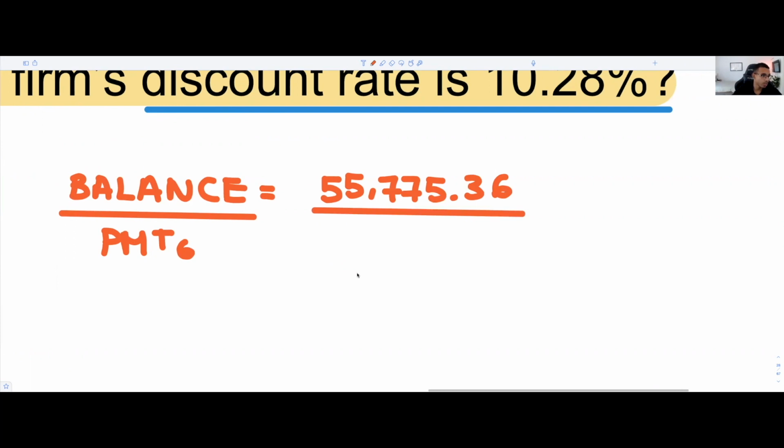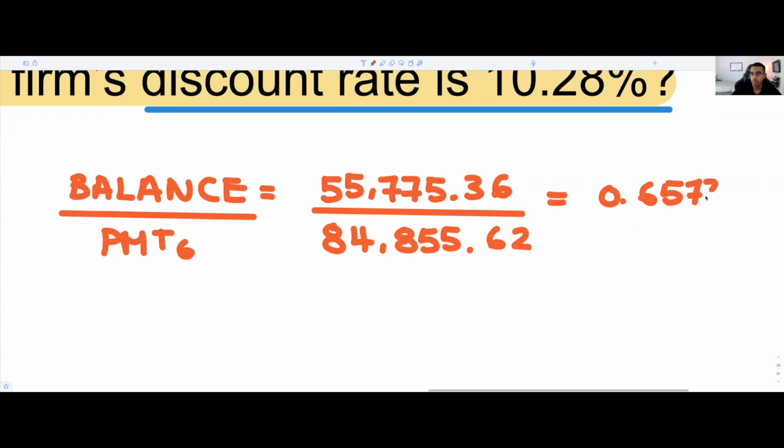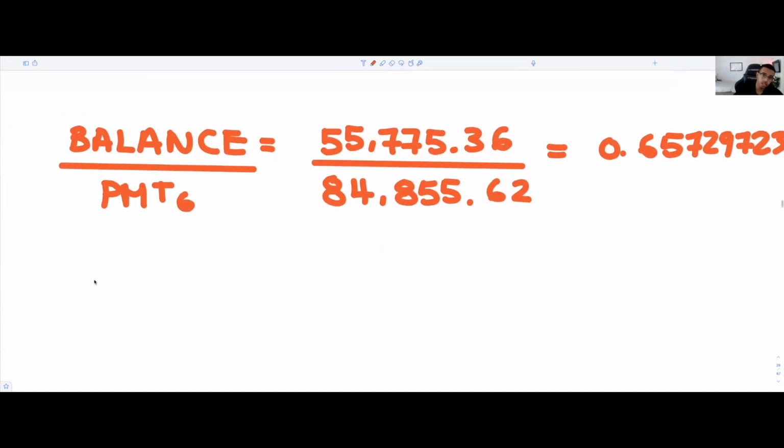We know that our cash flow for year 6 is equal to 84,855.62, such that we only need 0.65729723 of that. Okay, so that's awesome. And what is this telling us? It's telling us that if you want to find your payback period, I guess we'll write our simple payback period.